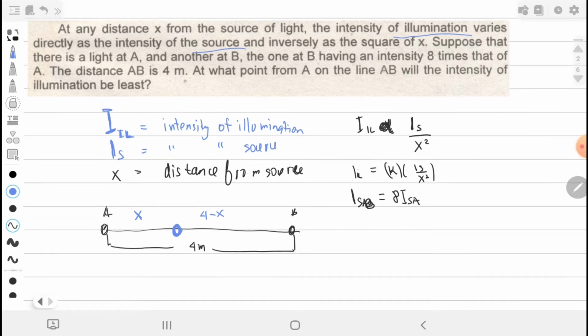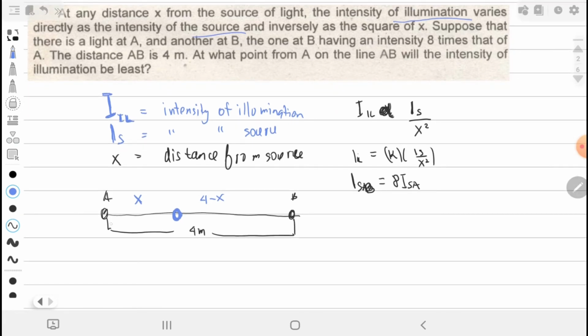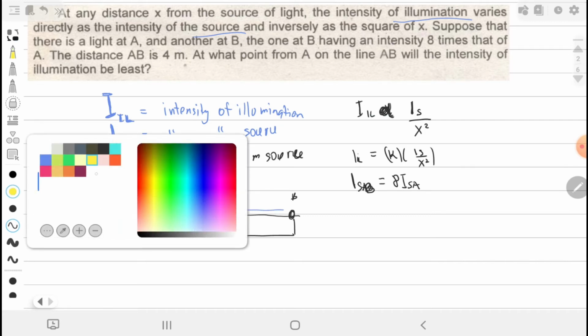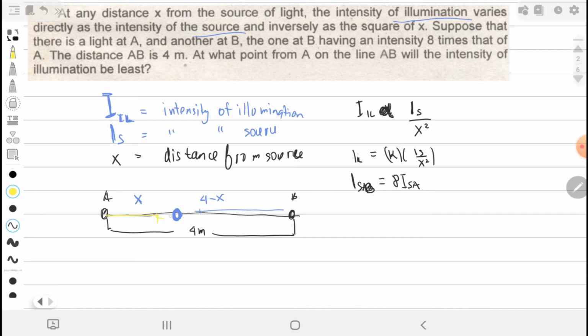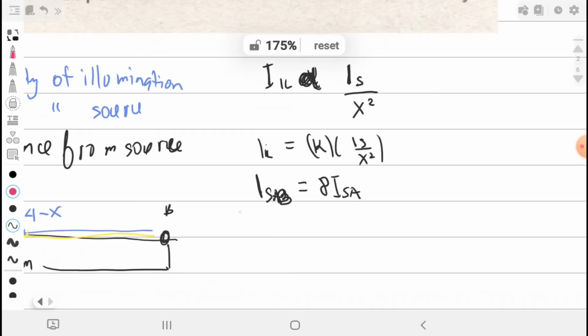So, from that, we can say that two lights will hit this point. The best thing to do here, therefore, is we can add the intensity of illumination. So therefore, IL total is equal to IL of A plus IL of B.